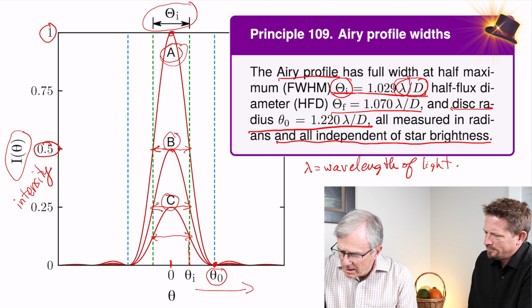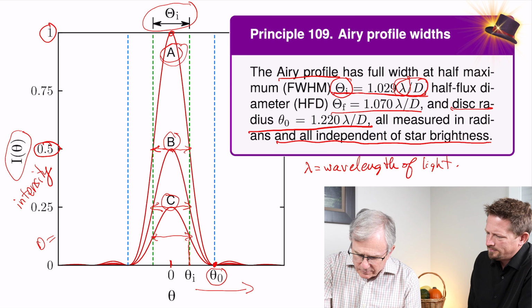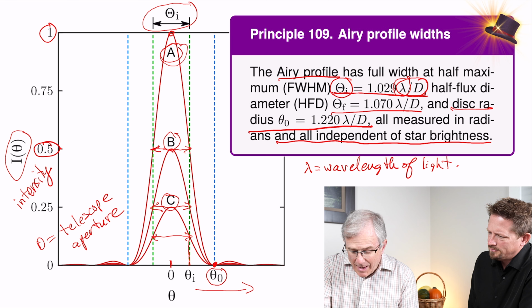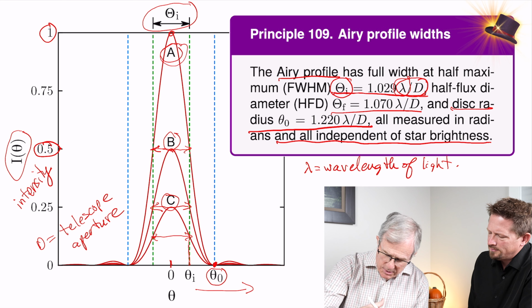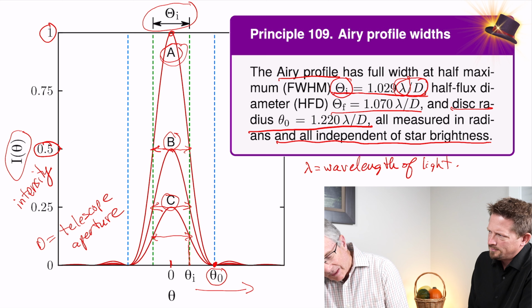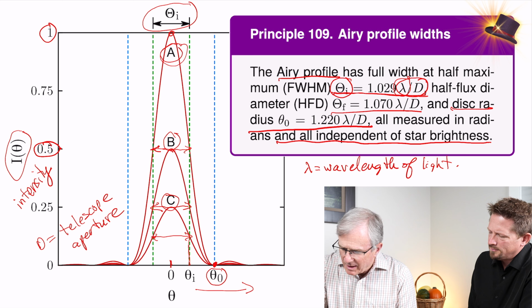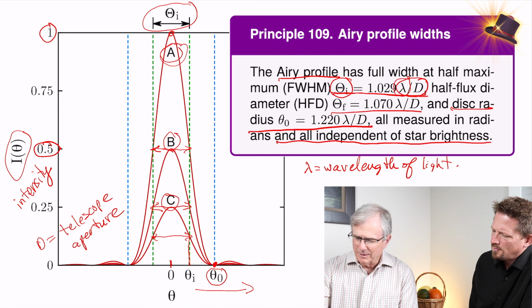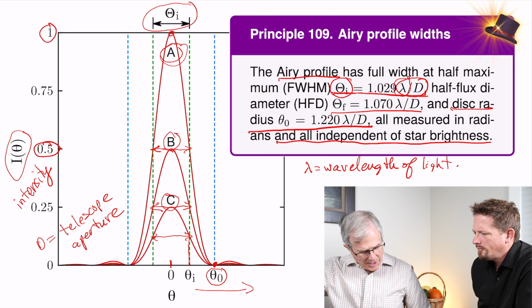Okay, and then D here is the telescope aperture. It's the diameter of the main lens or mirror in the telescope. So what does this formula say about the size of the Airy profile as a function of the size of your telescope?